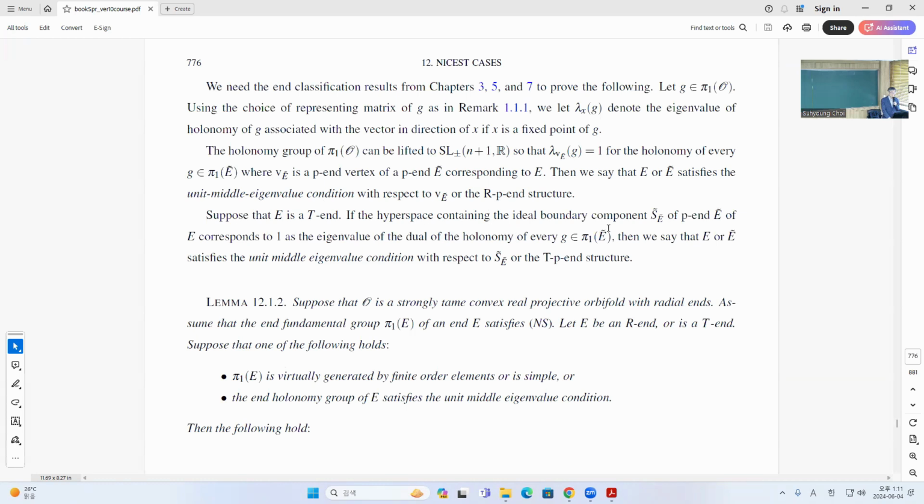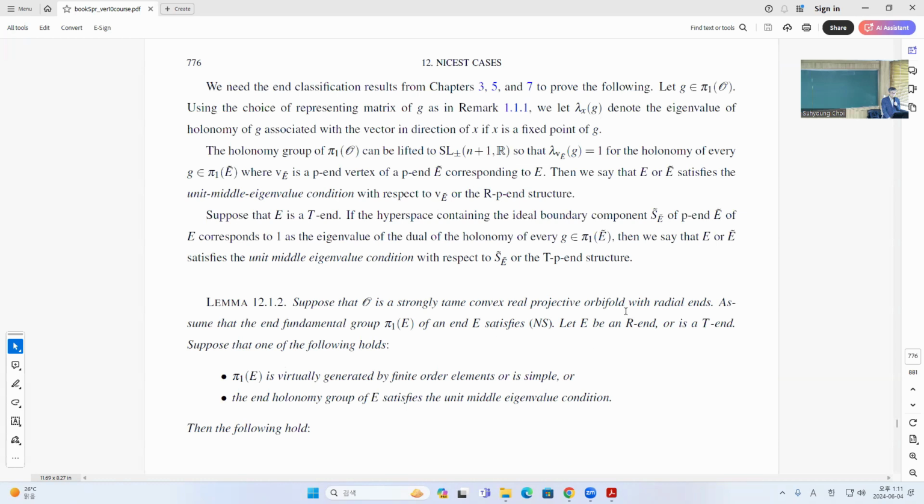If E is a T^n, then this boundary component is in a totally geodesic hyperspace, and it corresponds to eigenvalue one in the dual holonomy. Then we say this satisfies the unit middle eigenvalue condition.